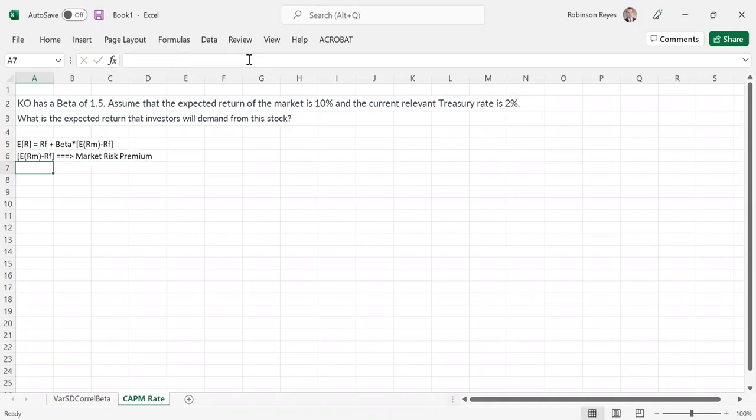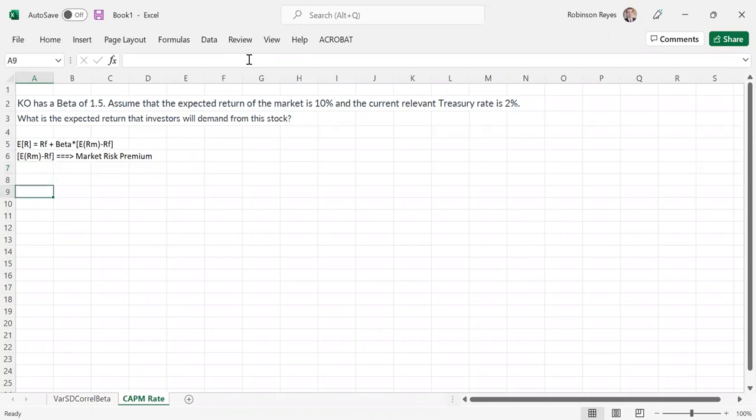In other words, that is exactly how much percentage return investors require so they invest in the market portfolio, in stocks basically, instead of investing in riskless assets, instead of investing in riskless treasuries.